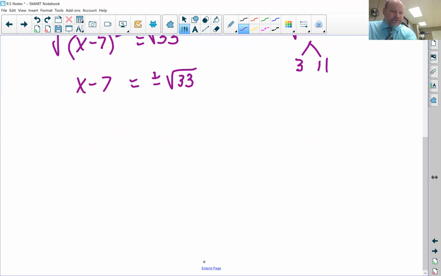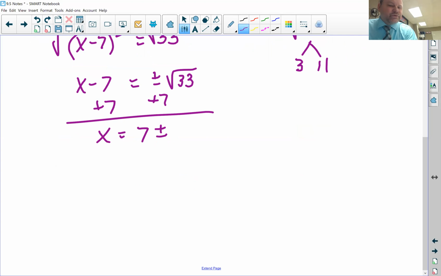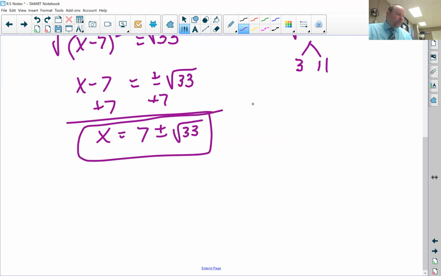So the square root of 33 is going to be part of our answer. Add 7 to both sides, 7 plus or minus the square root of 33. Always a good idea to check to see if things reduce or not.